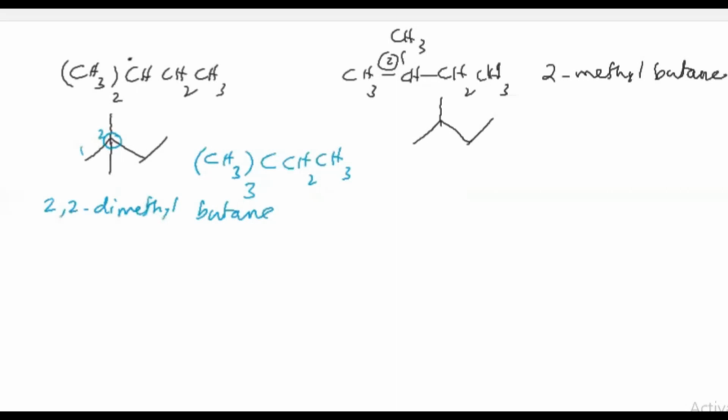And then if we add more than one branch, like the first branch is here and the second branch is here, so this is 2,3-dimethyl-butane. So you can also write down the structural formula.